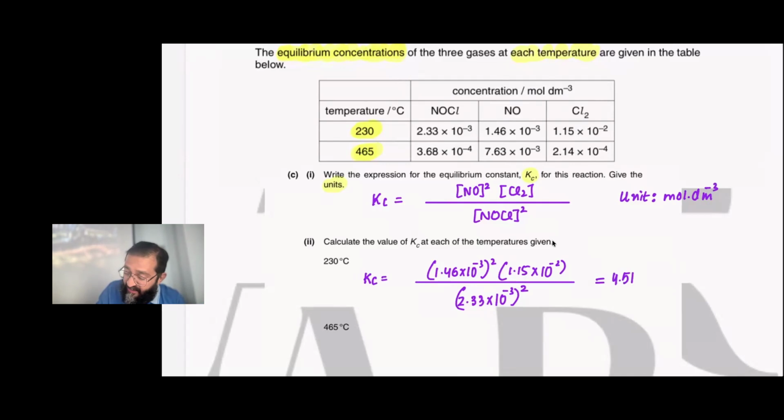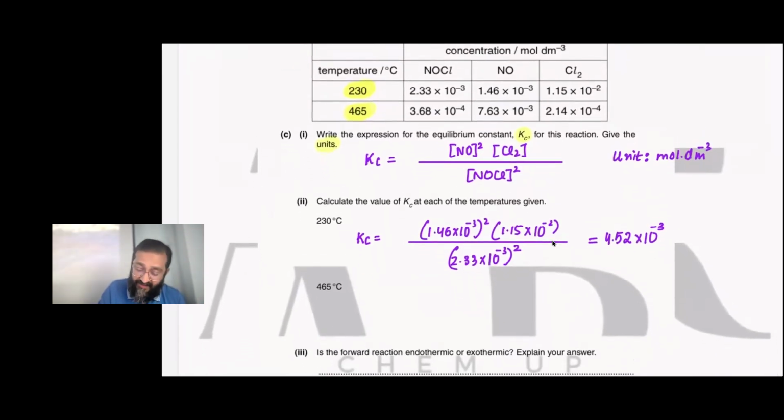If I put it in three significant figures, it is going to be 4.52 times 10 raised to the power minus 3. So that is the value of Kc at 230 degrees Celsius.